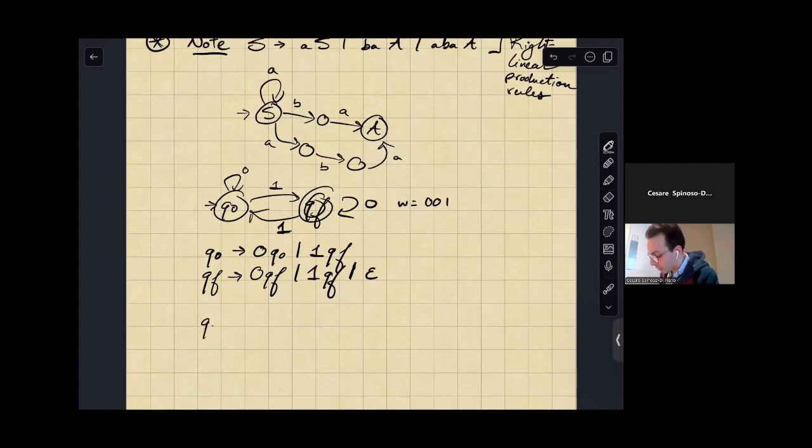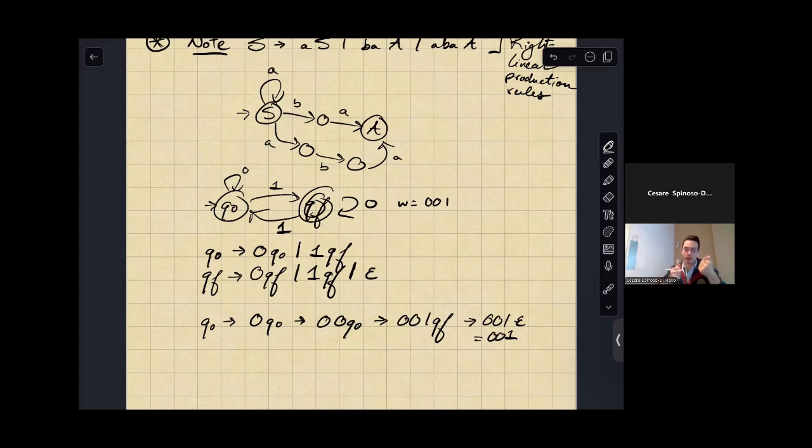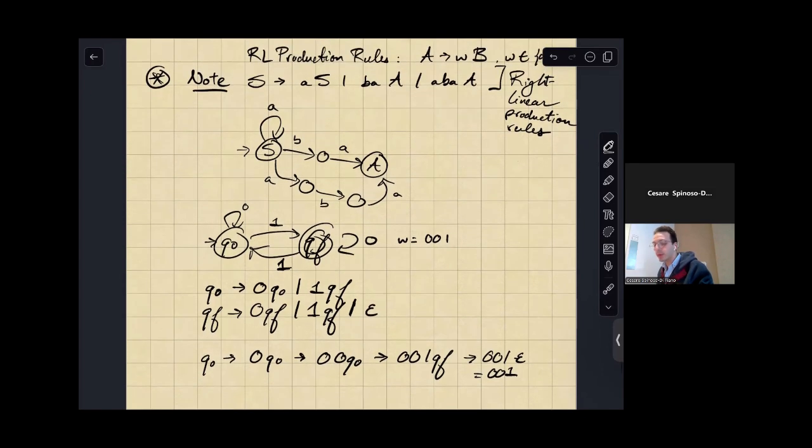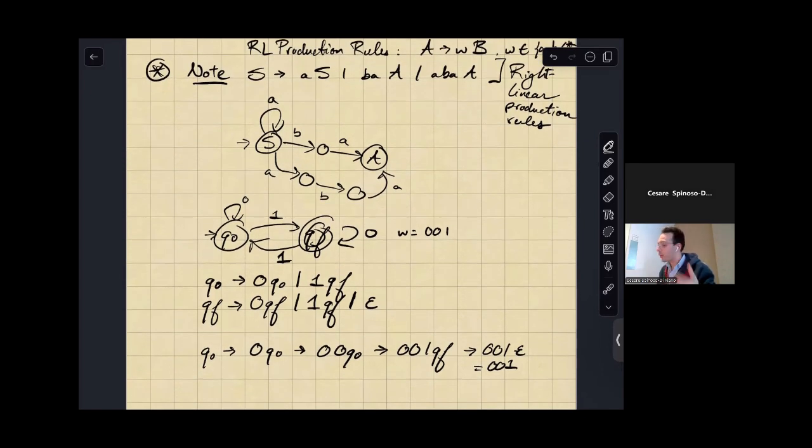I can say Q0 gives you 0 Q0, then replace the Q0 by 0 Q0 again, and then replace the Q0 by 1 QF, and then replace the QF by epsilon. And that just gives you 0, 0, 1. So you can see that there's this one-to-one mapping. And the reason why I bring this up is because this is probably going to be useful in one of your assignment questions. I won't tell you which one.